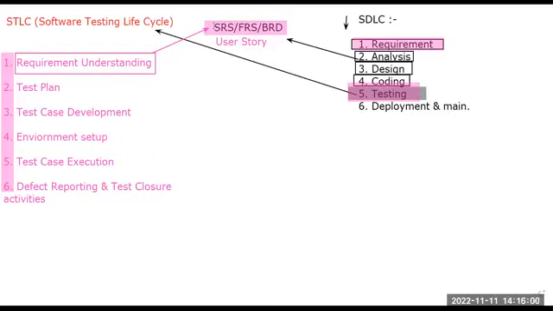Now let's say that while going through this requirement, you are getting some doubts, something you are not understanding. In that case, to whom are you going to approach? BA or customers? Directly the customer? To whom can you approach, your leads, manager, developer, or to whom? Business, BA, right?